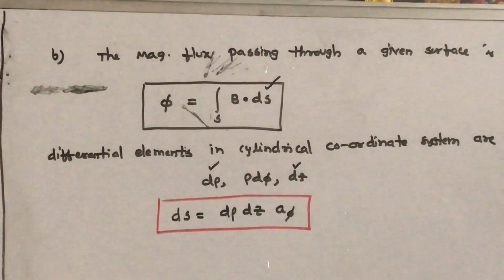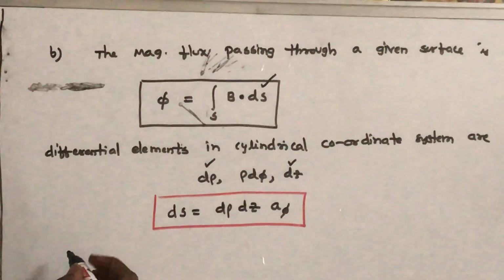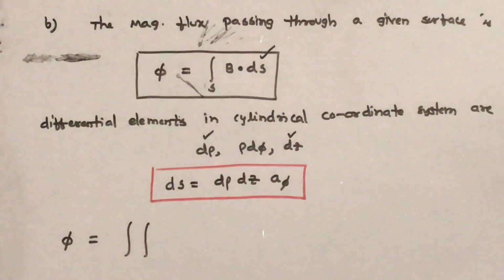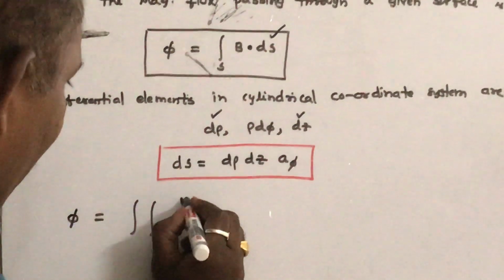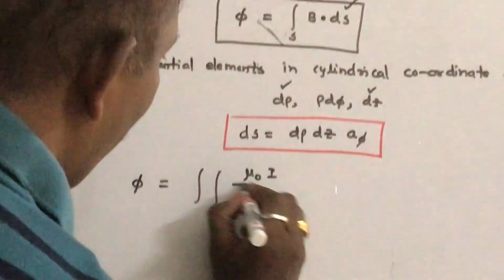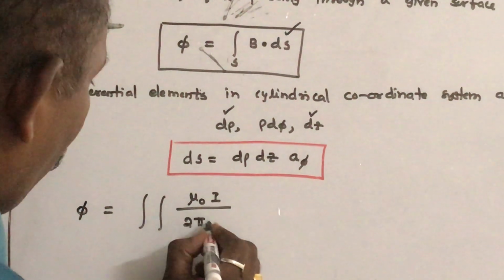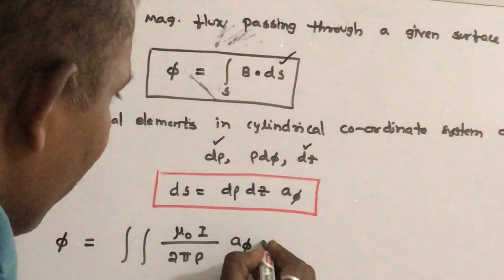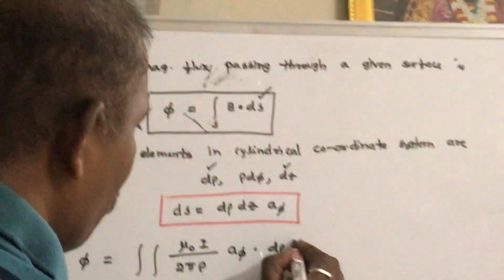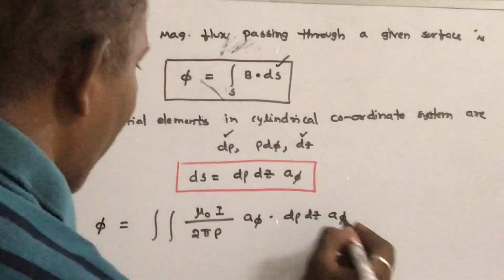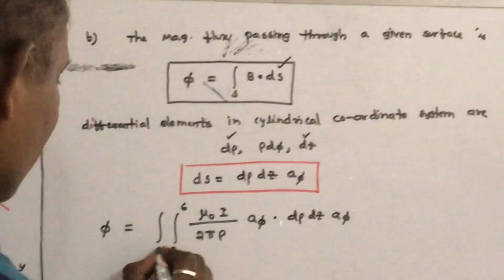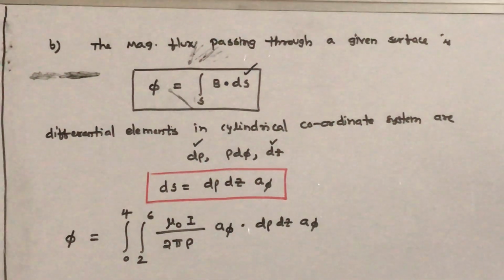Now substitute this in the formula. The magnetic flux through a given surface is a surface integration, meaning two integrations. What is B? From Ampere's circuit law, B is mu 0 I by 2 pi rho, because the magnetic field always varies along the phi direction, A phi. So we have d rho dz A phi, where rho varies from 2 to 6 and z varies from 0 to 4.